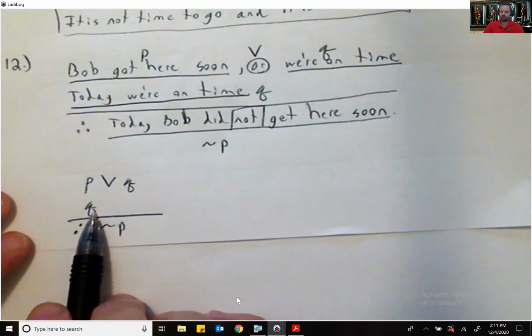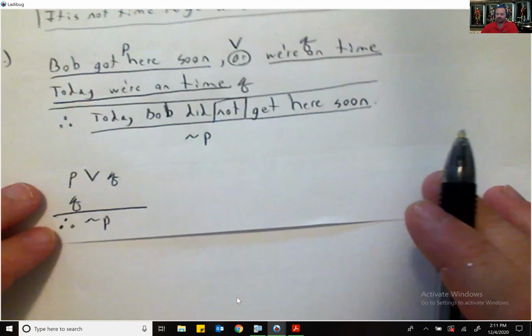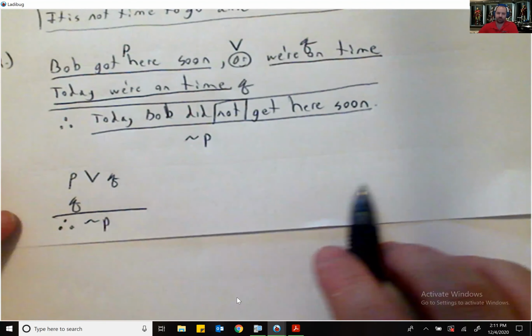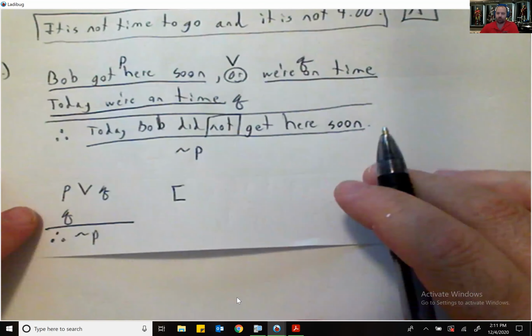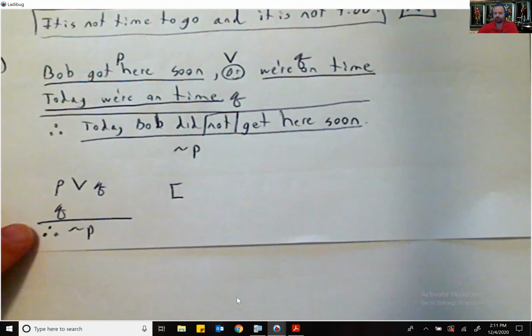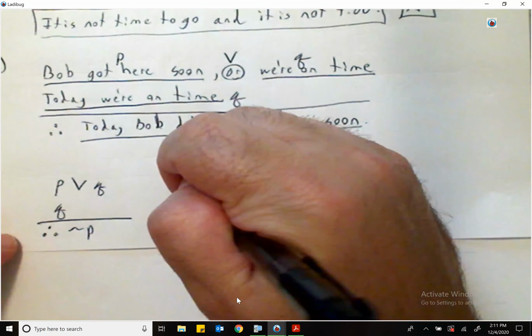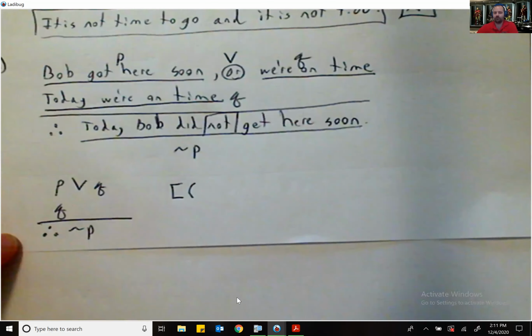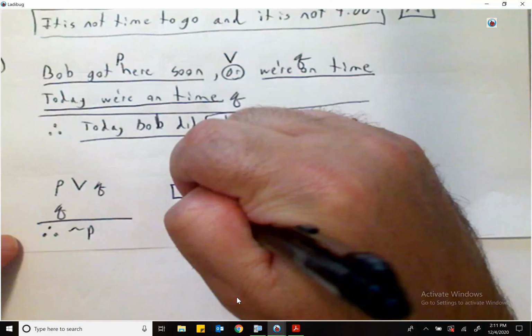Q. Therefore not P. How would this look if we wrote it out as a symbolic argument? Remember, the symbolic argument is going to start with a bracket. What's going to come next? Parenthesis, P or Q, and parentheses.